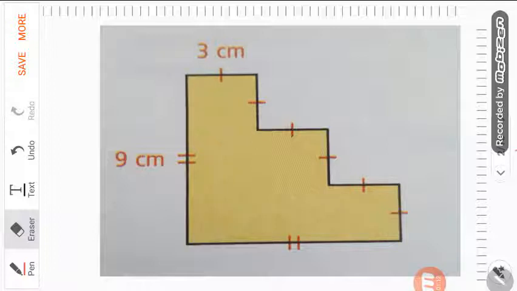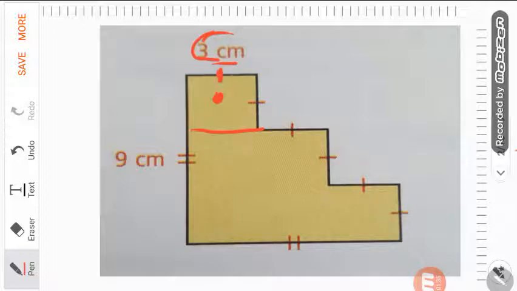Analyze. Another clue that the problem is giving us is that this space right here measures 3 centimeters. That means this square measures 3 centimeters, and then it's pointing at 3 centimeters here, and then a little line here.